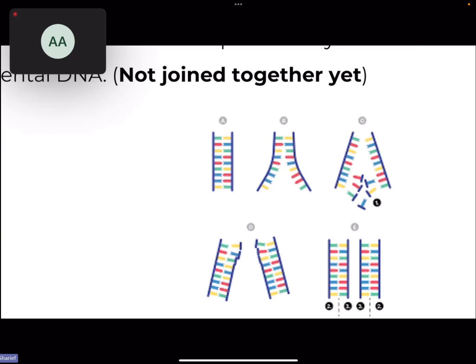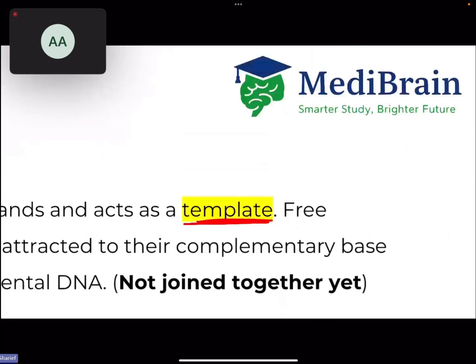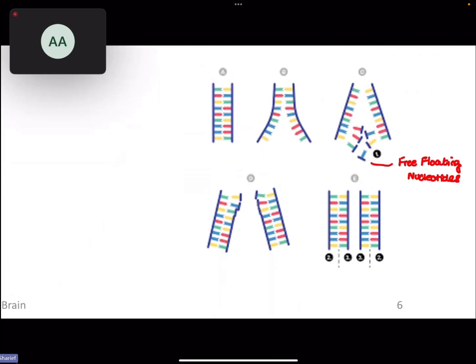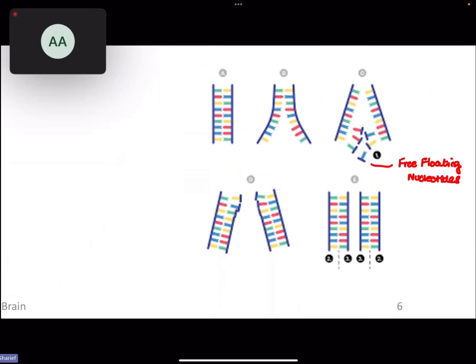Okay, so over here, if we have a look at this diagram, these are our free-floating nucleotides. And what's happening is that these free-floating nucleotides will be attracted to the exposed bases on the template strands of DNA.